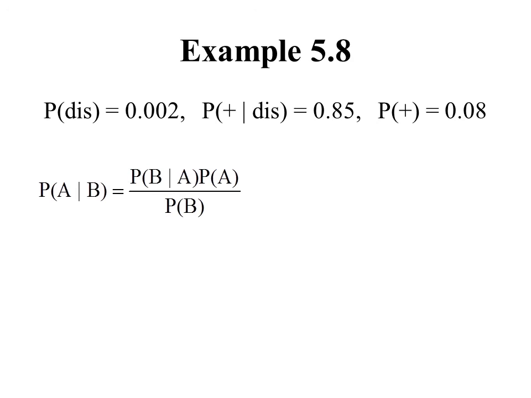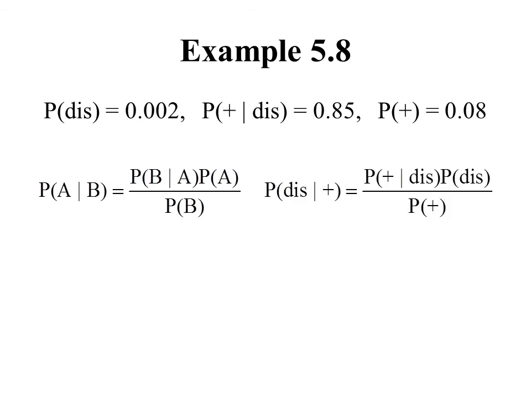Okay. So we want to know the probability that we have the disease given that we have tested positive, which has the general form given in Bayes' theorem. A is the characteristic of having the disease, B is the characteristic of testing positive.